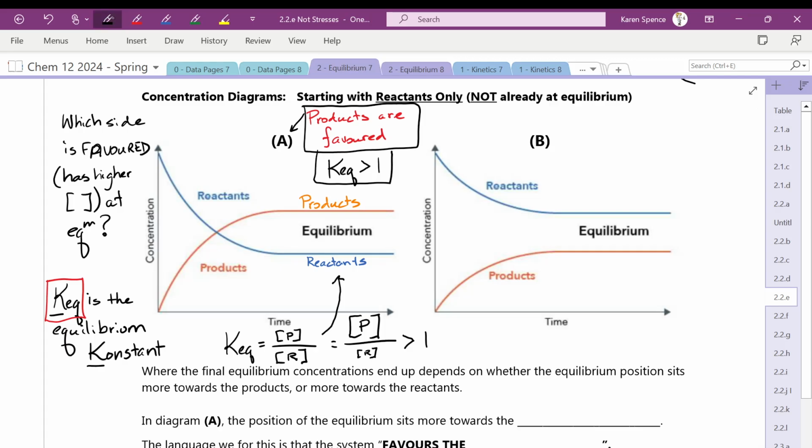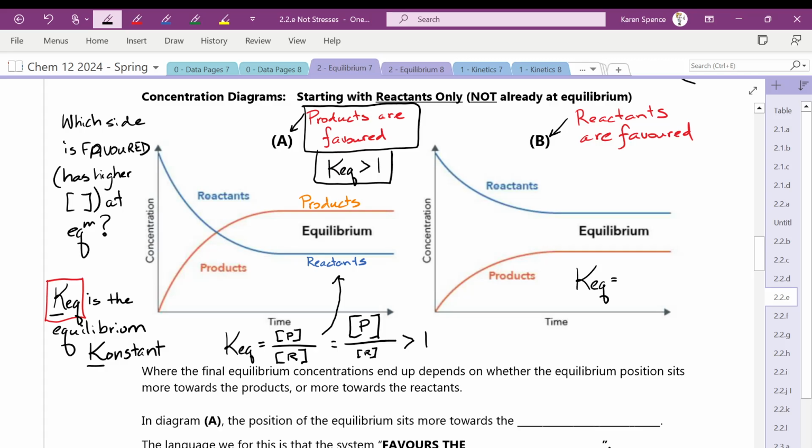Now, in situation B, who is favored at equilibrium? The reactants are favored. So if we write our KEQ here, that's our products over reactants.